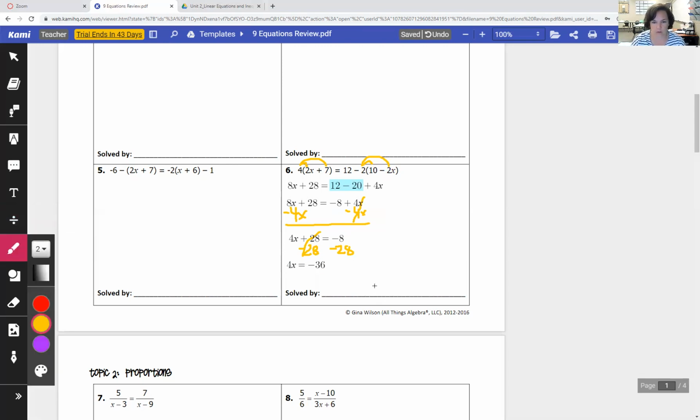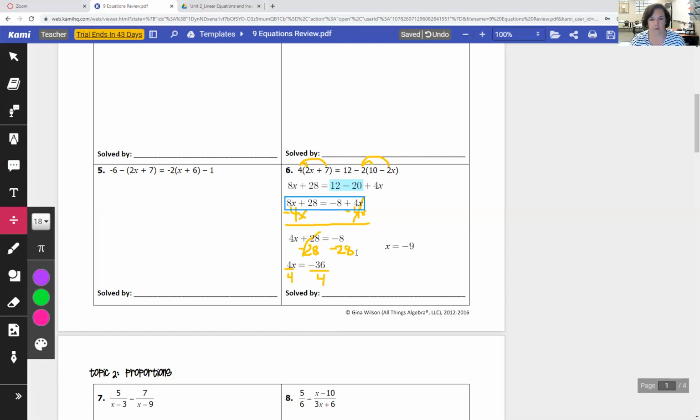Here we are, we're close to our last step. We will divide by 4. Okay, so we have x equals -9. That is our first review problem.